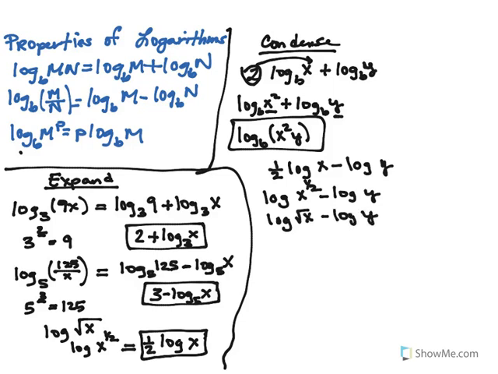In theory, we're factoring out a log. When we do that, it leaves square root of x divided by y, because the subtraction condenses into a division.